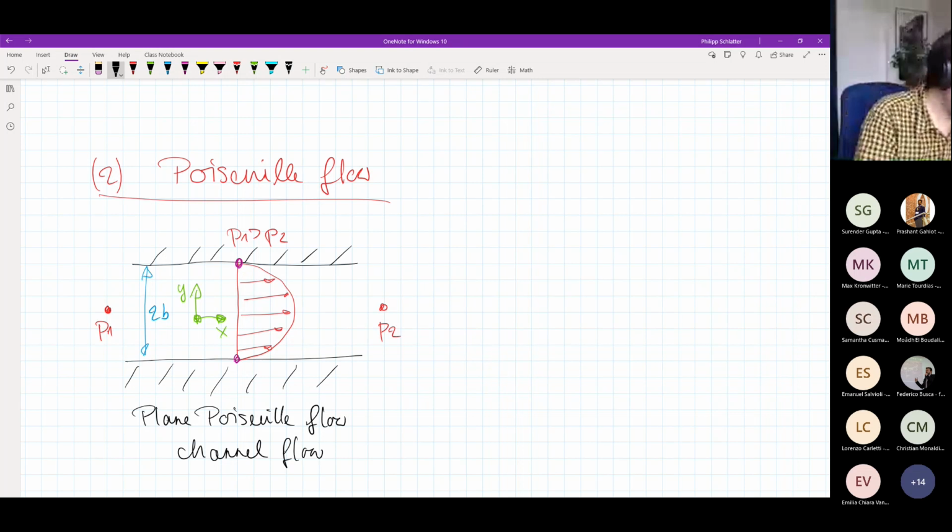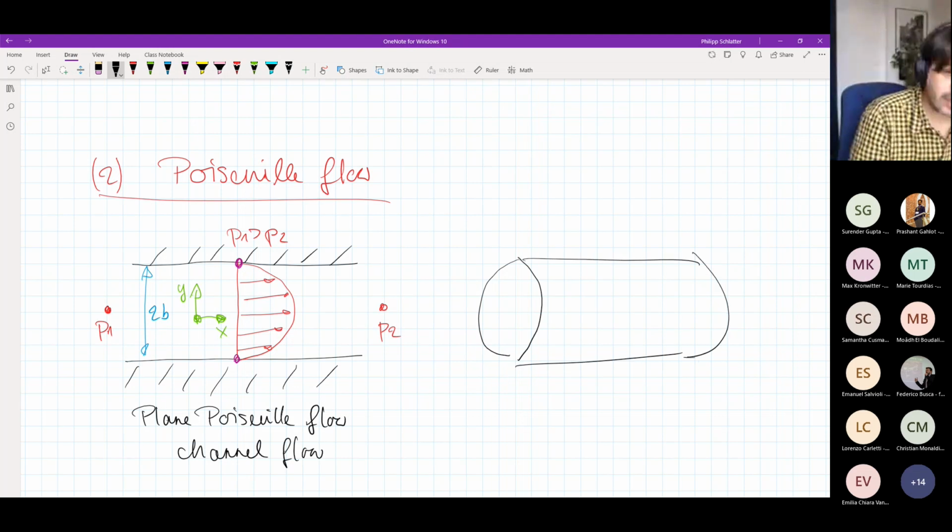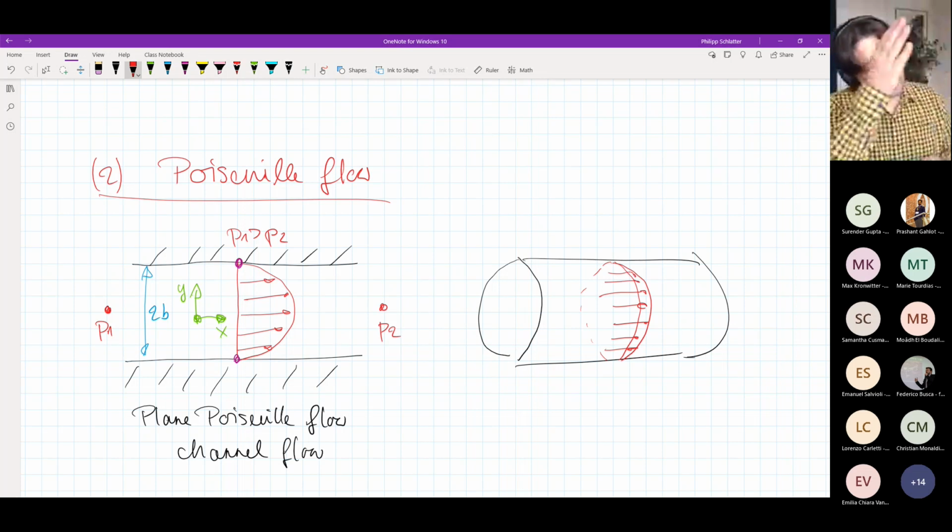Of course, there's maybe also the more familiar way of how you would look at this, namely if you would consider this to be a round pipe, something like this, where again at some cross section, you would assume that you would have a velocity field that maybe looks like this. Maybe a little bit difficult to draw, but I guess the idea is clear.